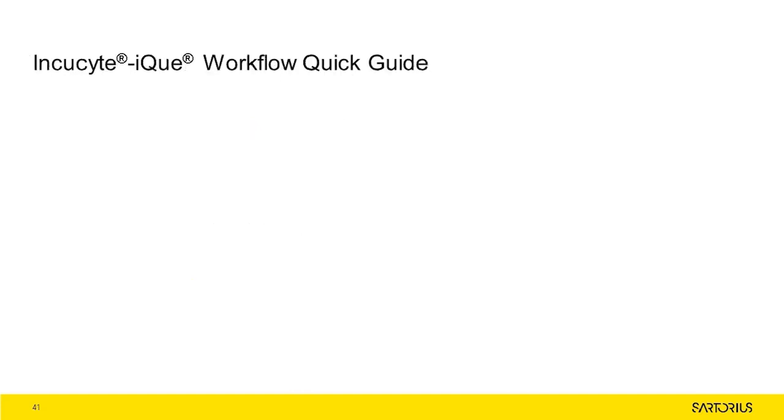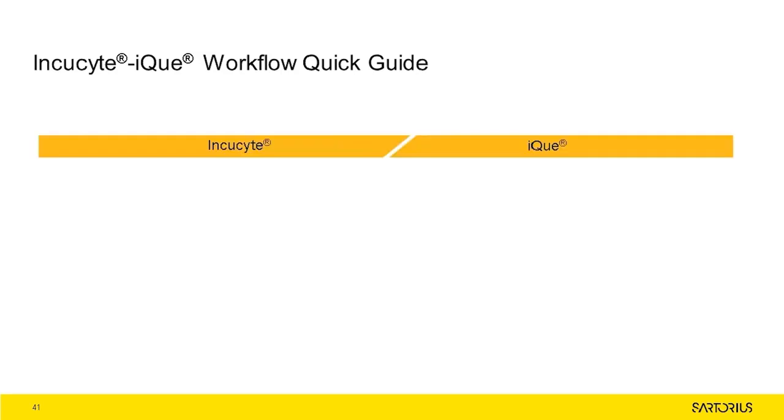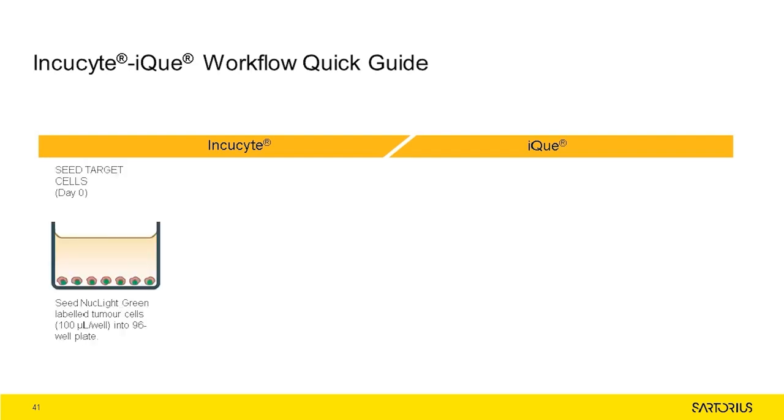In order to study the effect of this antibody on target and effector cells using both instruments, we firstly developed and optimized a workflow that allowed their connection so that the same cells could be analyzed from a single assay plate, firstly by the IncuCyte, and then at an appropriate time the IQ. The green labeled target cells are firstly seeded into a 96-well plate.